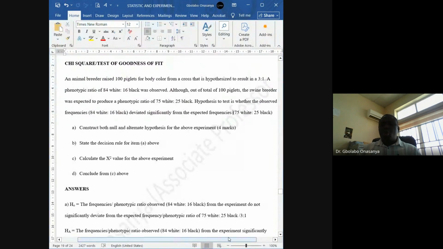We want to know, can we establish goodness of fit? Is our observed the same as the expected? When the observed and the expected are the same, there is goodness of fit between them.